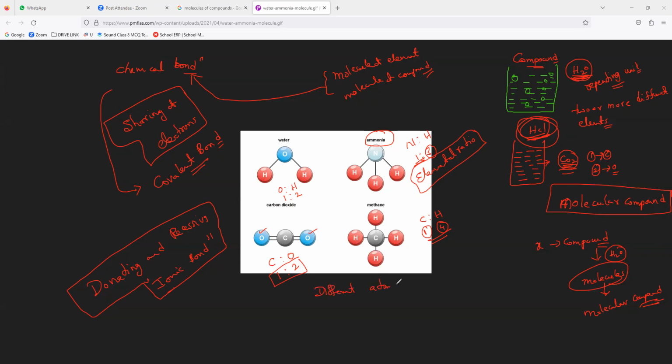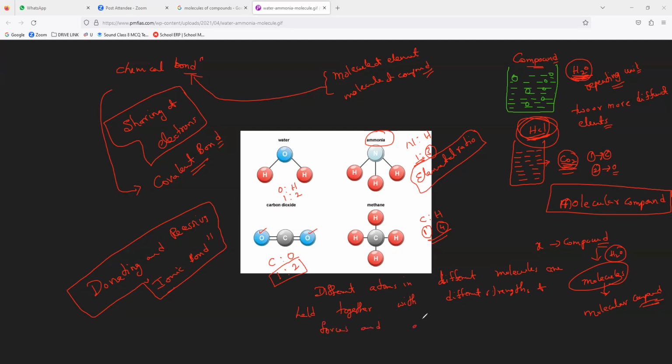Different atoms in different molecules are held together with different strengths of forces.